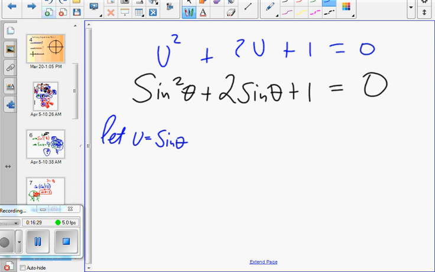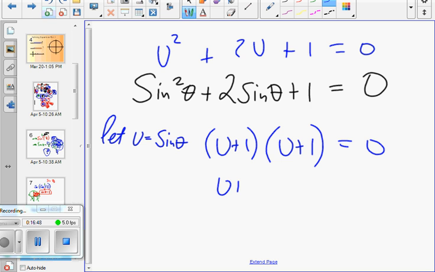You get it factored, you get the answers, but the answers say u equals. Be sure that you don't leave a u in your answer. Did you get u plus 1 and u plus 1? And then did you get u plus 1 equals 0, so u equals -1? No sense in doing it twice. The other side's identical. It's going to give you the same answer.